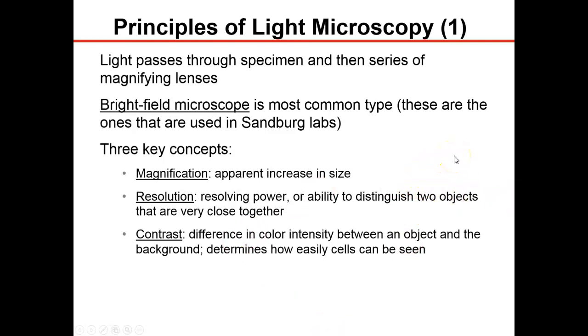So how they work: light passes through the specimen and then through a series of magnifying lenses. This allows us to see the structure. The microscope that we actually use is known as a bright field microscope, which produces a dark image on a bright background.